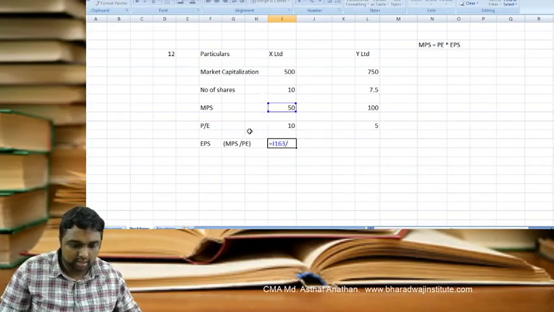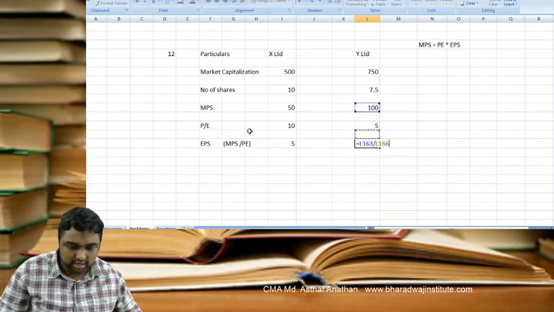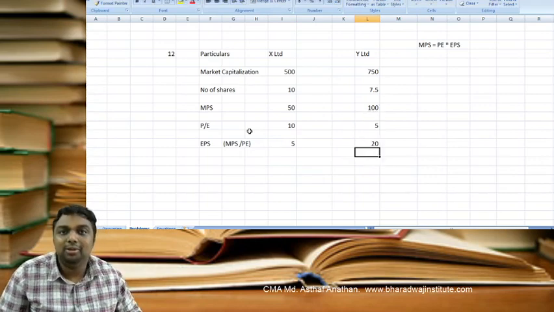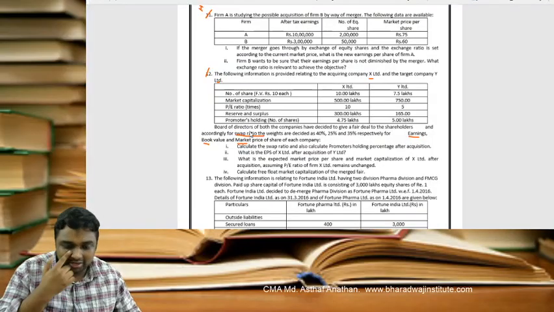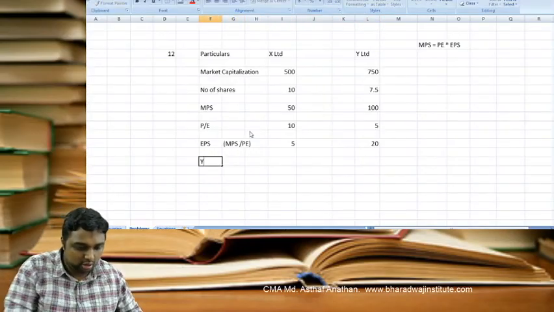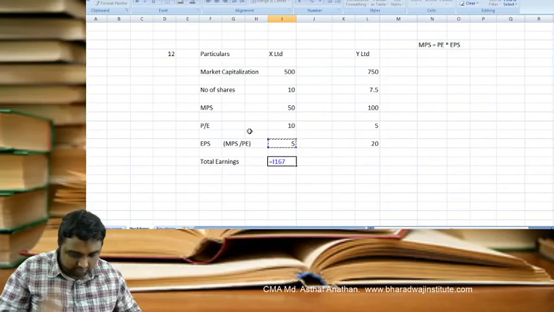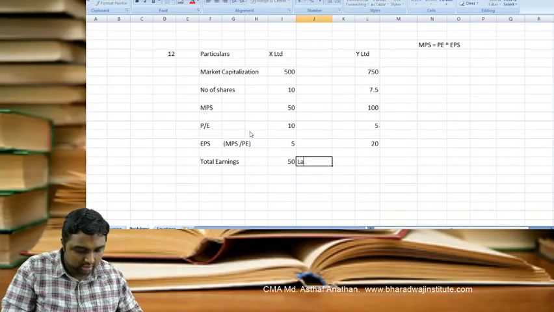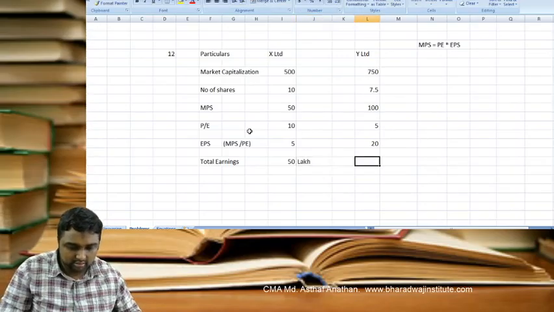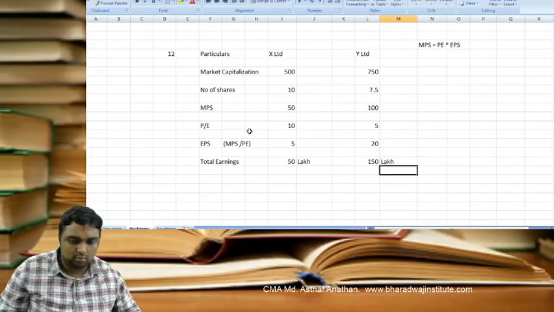MPS is 50 by PE 10, we will have 5. MPS is 100 by PE 5, we will have 20. See how easy. We can find out total earnings also. 5 into number of shares 10 lakh, here you will have 50 lakh. Here 20 into 7.5, you will have 150 lakh.